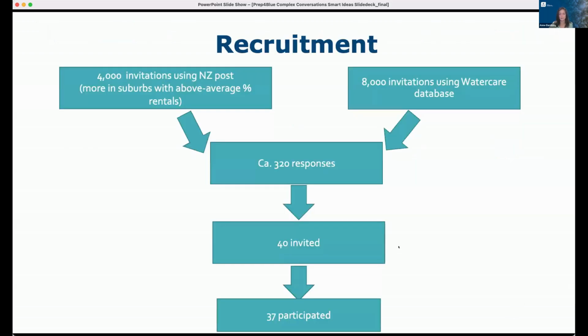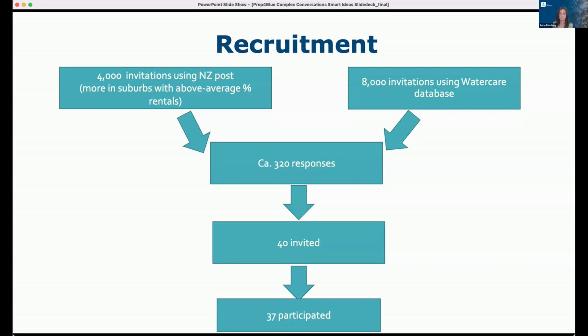So for the recruitment, this time we sent out 12,000 invitations, 4,000 by using the New Zealand Post database, so physical letters going out to 4,000 households. Those ones were skewed towards the suburbs that we expected above average percentage of rentals, as opposed to the 8,000 invitations that we sent via the WaterCare database, which would have favored homeowners.